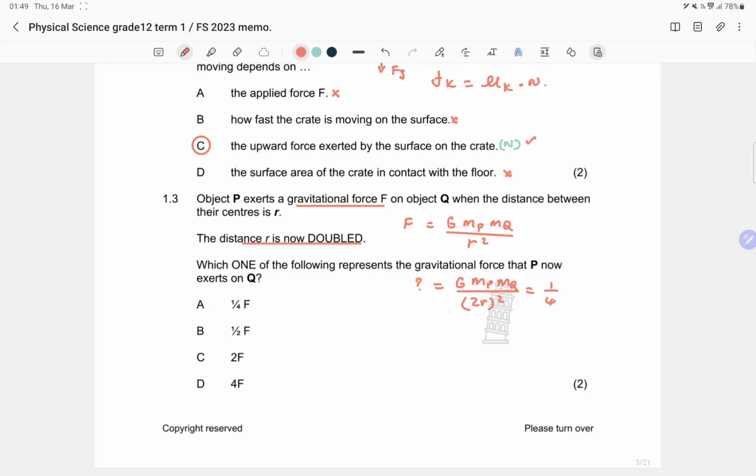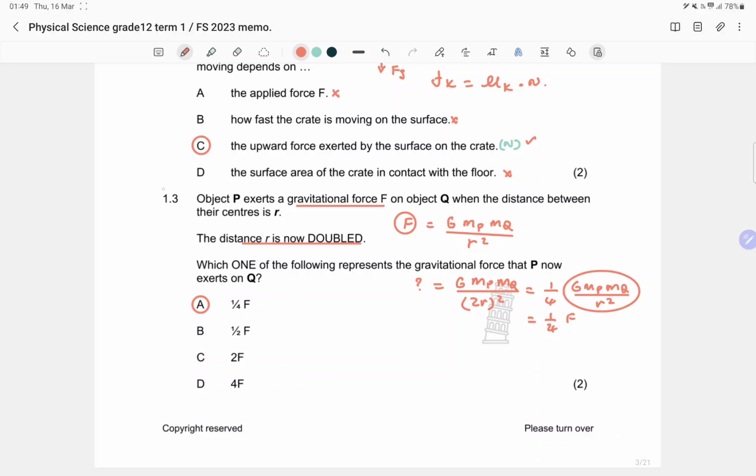So when we factor out that fraction, we remain with G MP MQ over r squared. This is the same as a quarter of F, because we know that this expression represents F in the first scenario. So the answer becomes A.